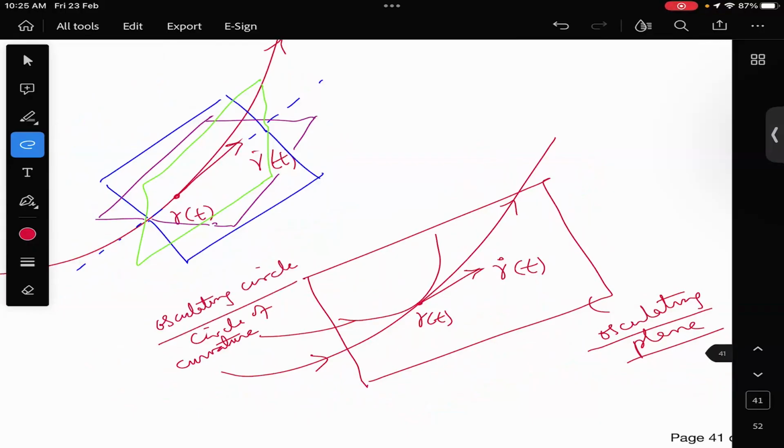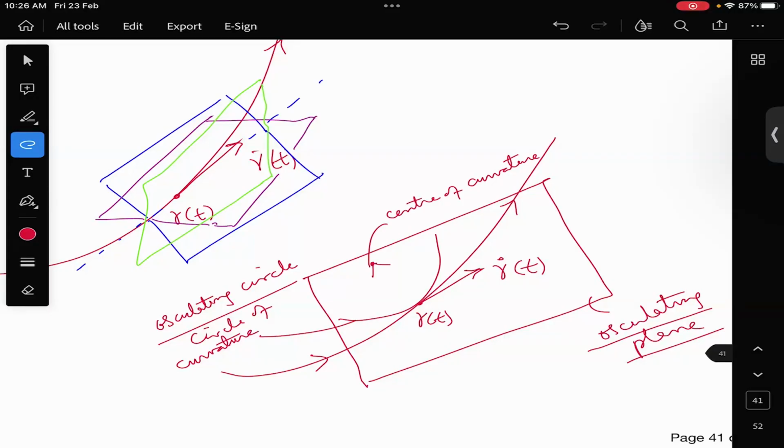Okay, and there is also a point which is the center of the circle, which is the center of curvature. Now once this is there, I have the geometric acceleration vector which has to point from the point on the curve towards the center of curvature. So I have this vector now, okay.